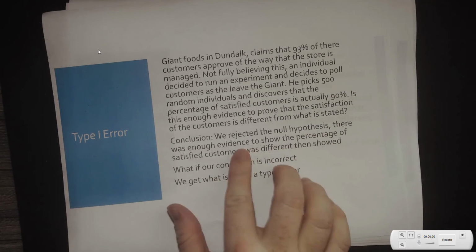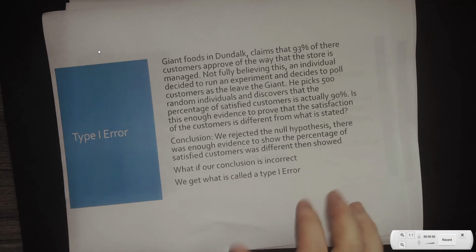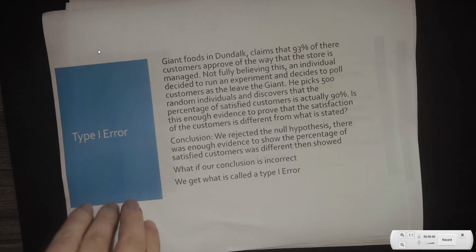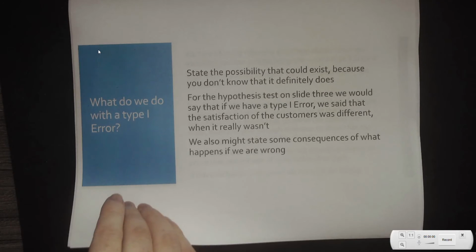We did show that there was enough evidence to show that the percentage of satisfied customers was different than stated, but in reality it was not. So that's all you would say. We also might state some consequences of what happens if we are wrong. I don't usually force that on my students anymore. They're hypothetical situations that people don't like to think about.